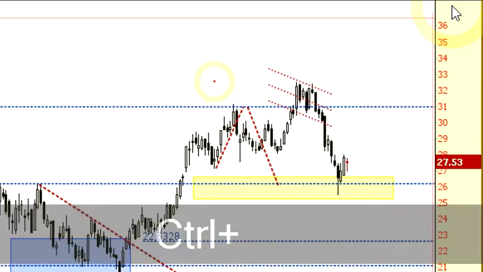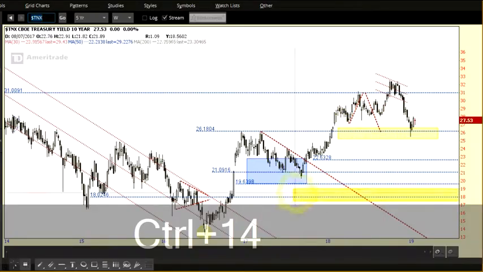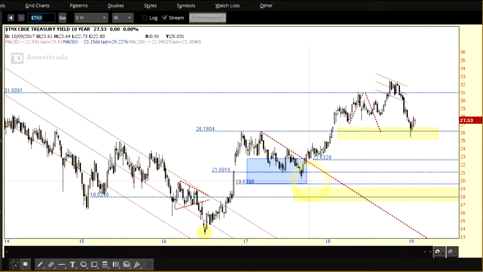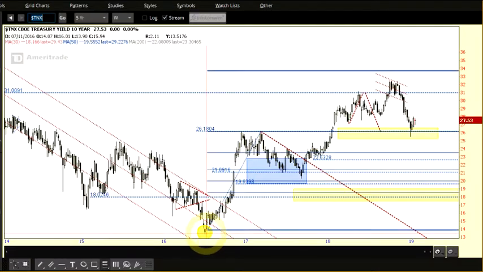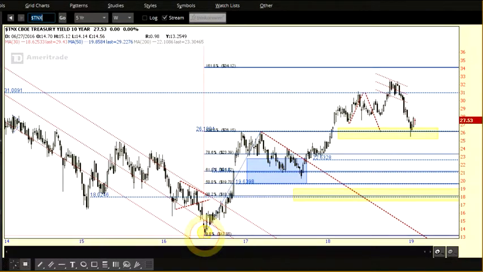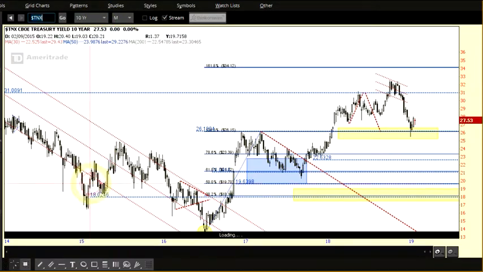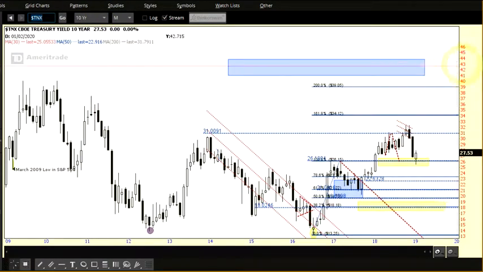Again, if you use Fibonacci, if this is the first move up and this is a 2, which it could very well be, then let's just use Fibonacci and see. So let's go from here down to here, and let's see where 2.61 is. We're going to have to back out a little bit to get to where 2.61 is.